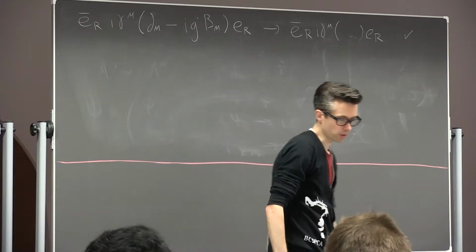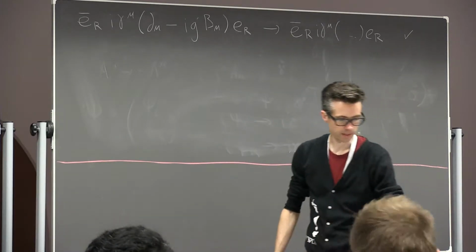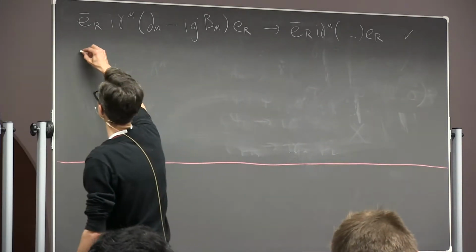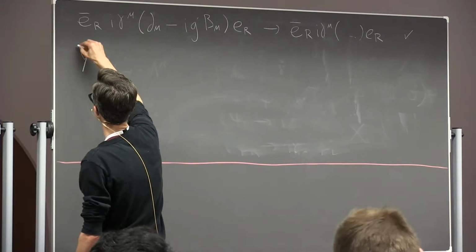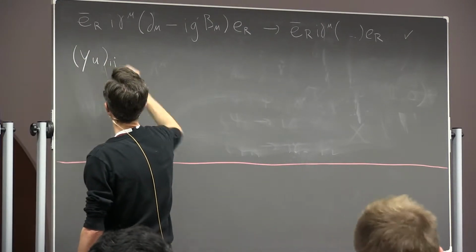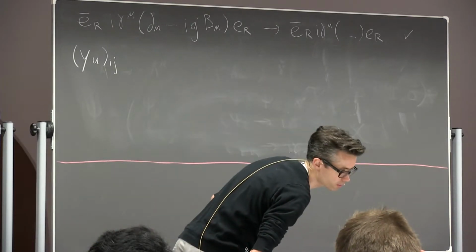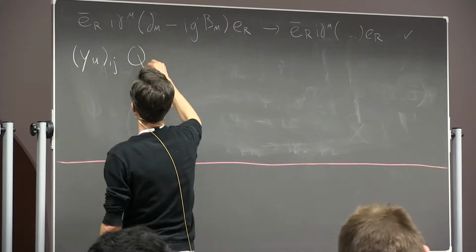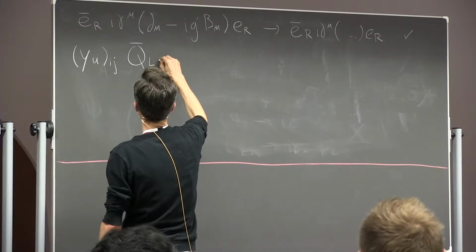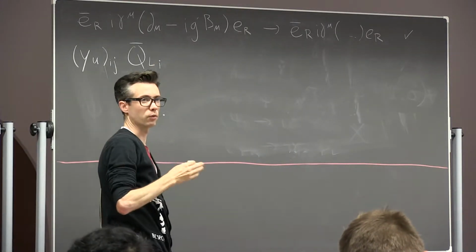The one thing you have to worry about, though, is the Yukawa couplings. So the structure of a Yukawa coupling. Here's one example. Yu, ij. Let me try to get my indices right. I have my left-handed quark, and here i and j are flavor indices, so they run over the generations.